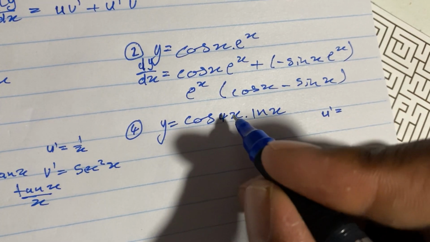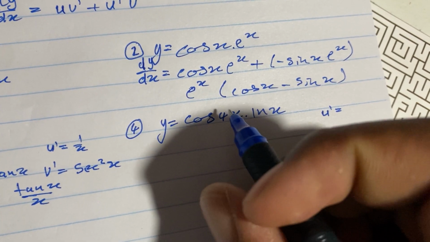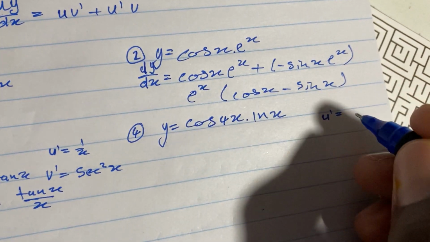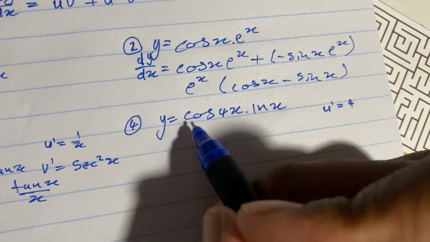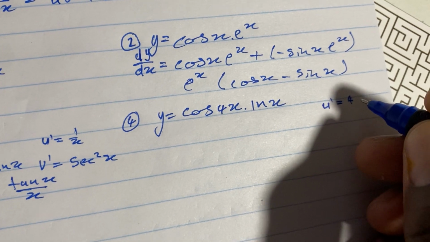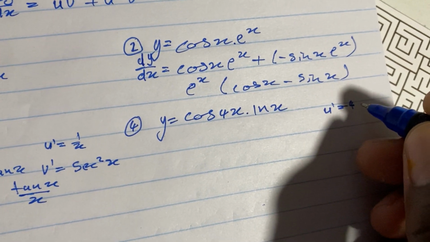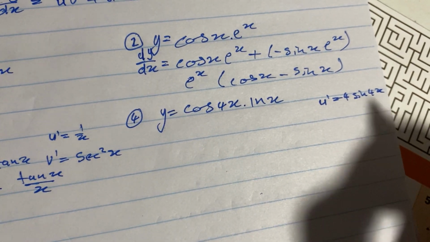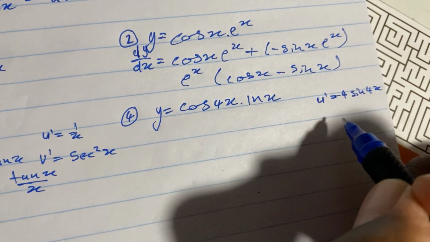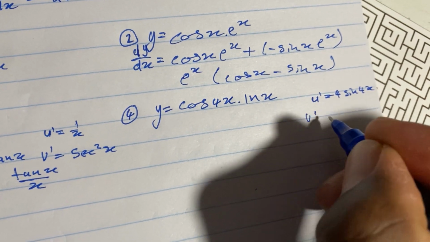So first of all you derive the inside function, which is 4x, so that gives you 4, and then times the derivative of the outside function, which will be negative sine of 4x. Okay, so that will be your u prime, and then your v prime will give you just 1 over x.